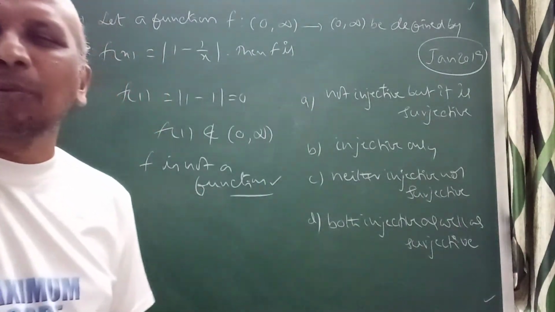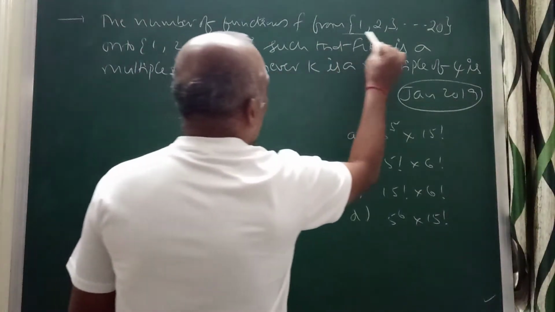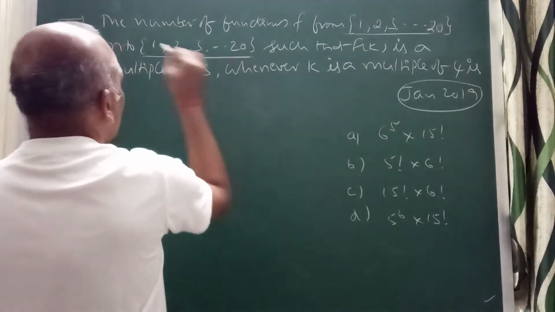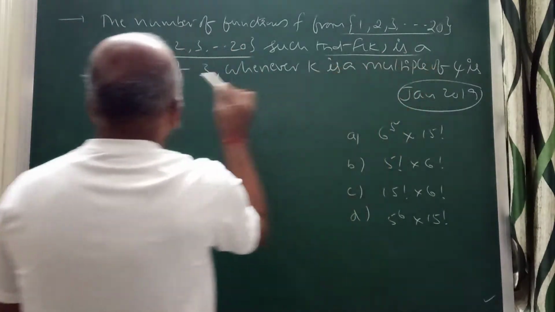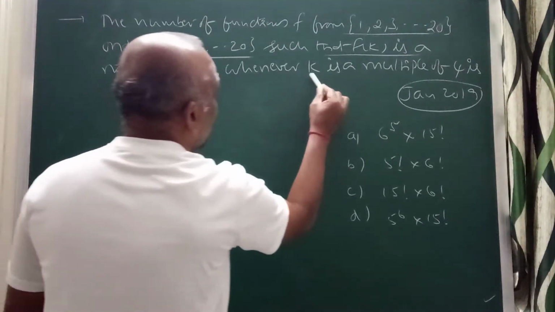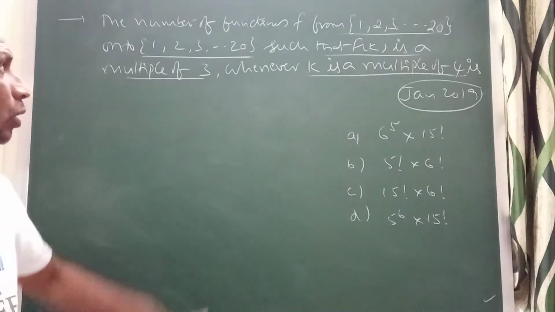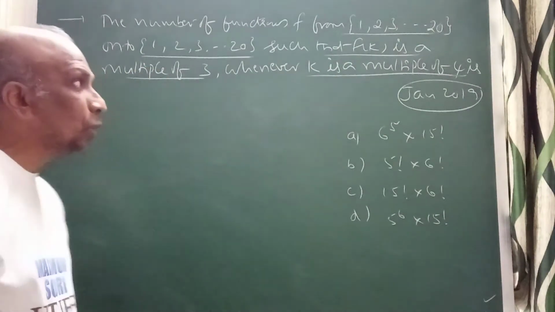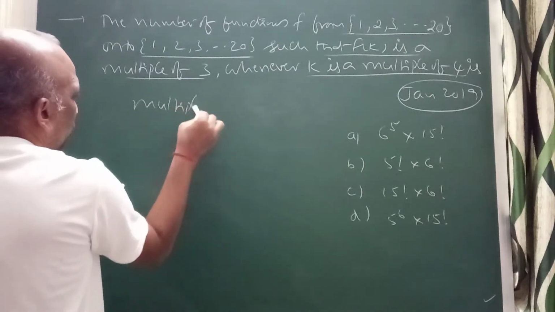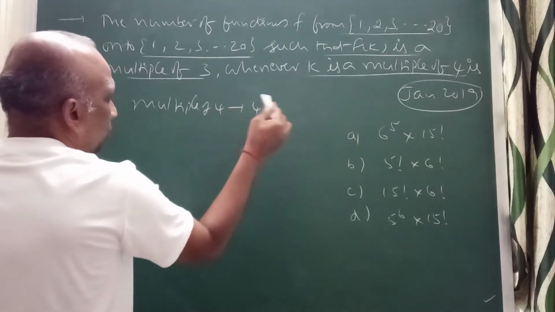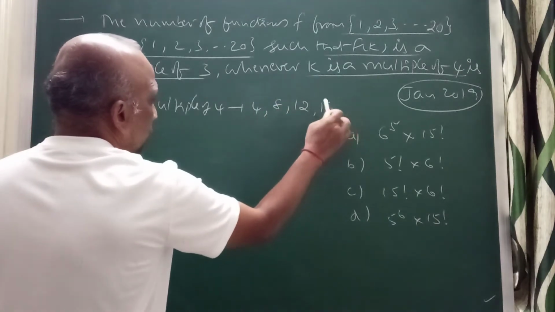Now we will explain the second problem. See in this problem, domain and codomain are both the same. They are talking about onto functions such that f of k is a multiple of 3 whenever k is a multiple of 4. What about multiples of 4? Multiples of 4 will be 4, 8, 12, 16, 20, right?